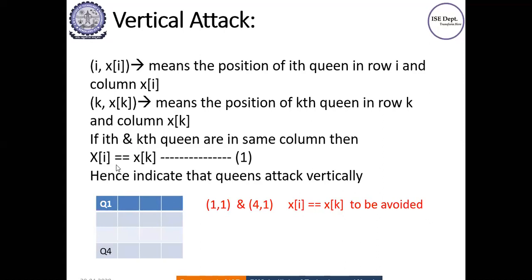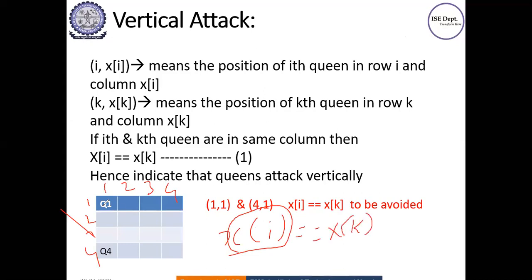x of i equal to x of k. We know the rows and columns have been numbered, 1, 2, 3, 4. So if x of i is equal to x of k, this implies they are in the same column.